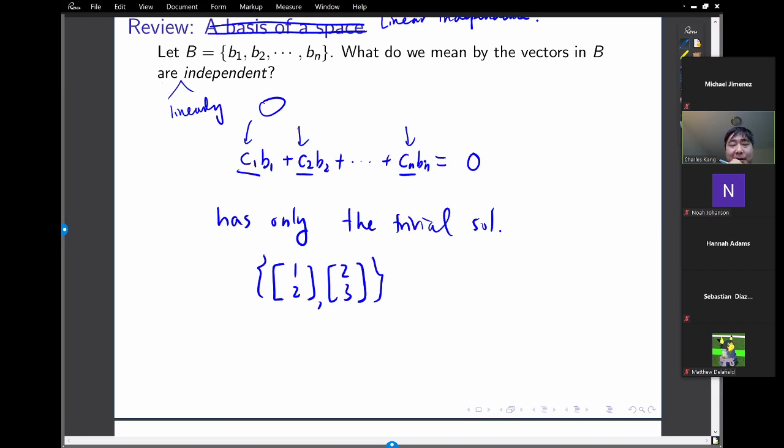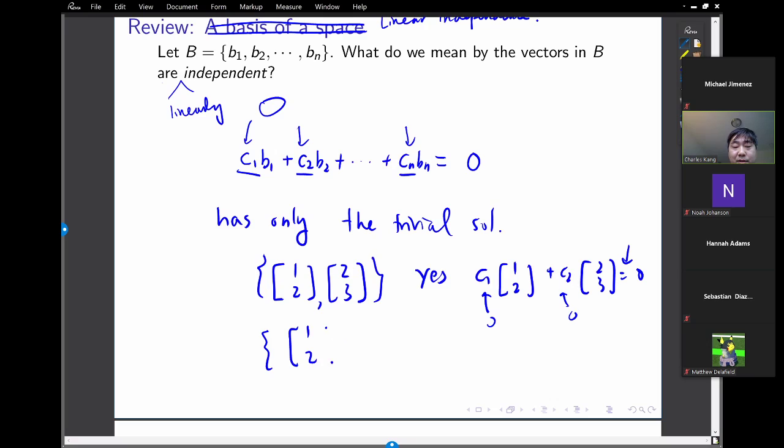All right. So yes, this is linearly independent. If you consider c1 (1, 2) plus c2 (2, 3) equals 0, then only 0 here and 0 there will satisfy this equation. What about if I have (1, 2) and (2, 4)? Are these vectors linearly independent?